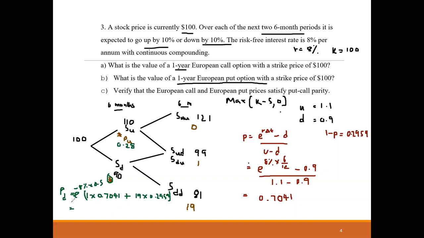So you should get 6.08. So here PD will be 6.08 if I round it up to 2 decimal places. Then calculate what would be the put price today, based on these values.